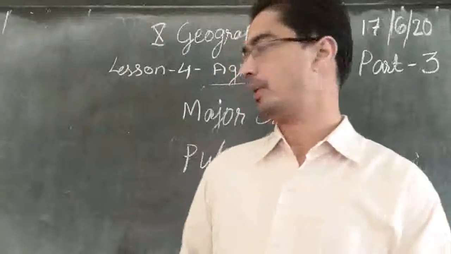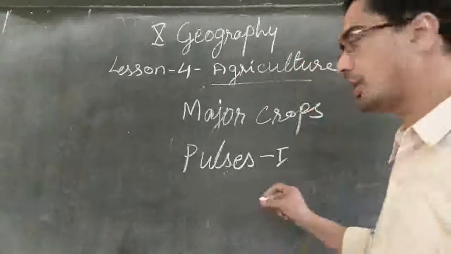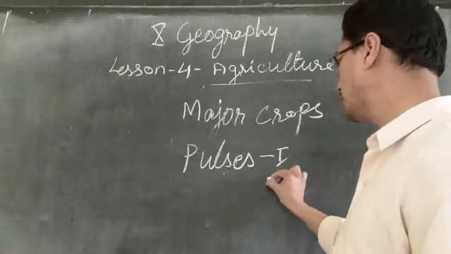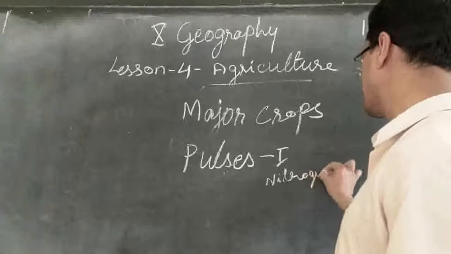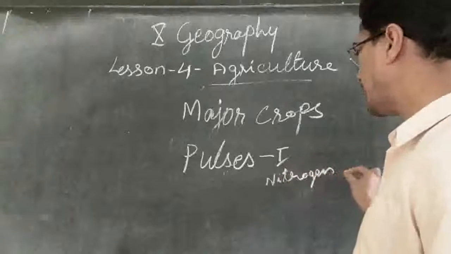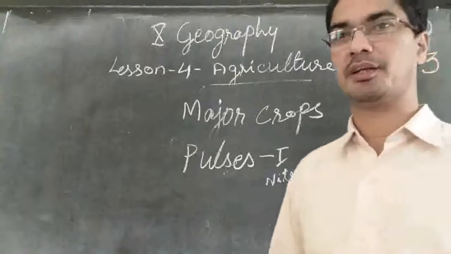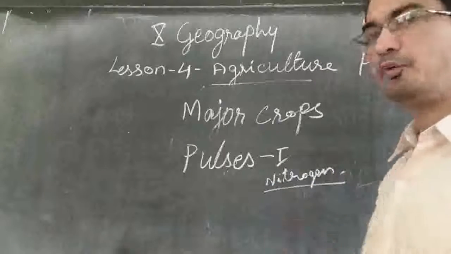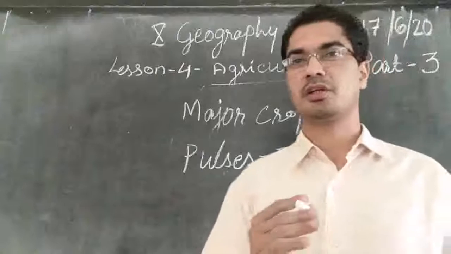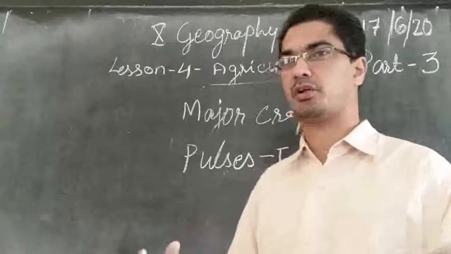We said these pulses, if you plant them, are able to bring a lot of nitrogen to the soil and the soil becomes fertile. Therefore, this is cultivated in between kharif crops and rabi crops.